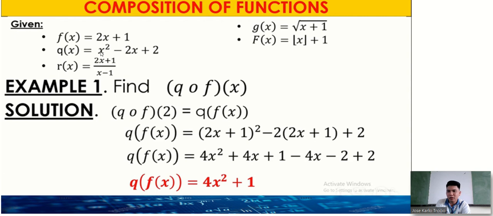So from x, it becomes 2x plus 1 here, squared, minus 2, and then we can find another x. So substitute it again, 2x plus 1, negative 2 times 2x plus 1, and then bring down and copy 2. And then simplify. So you have 2x plus 1 squared, and then it can be transformed into a trinomial now.